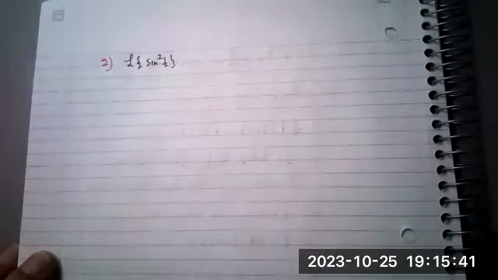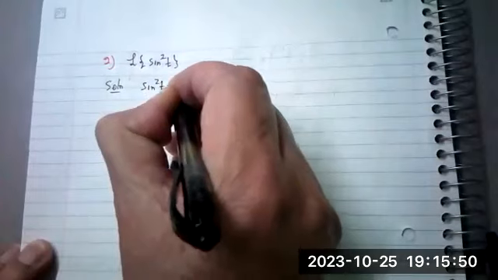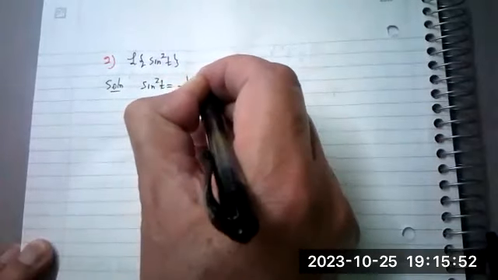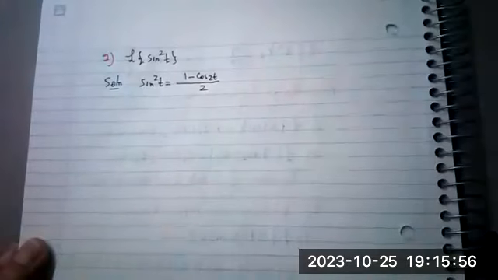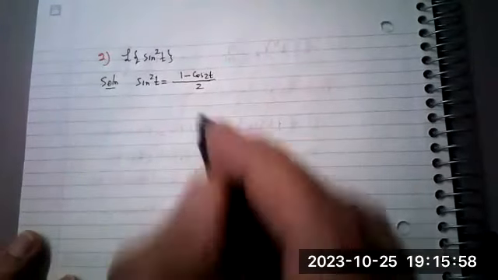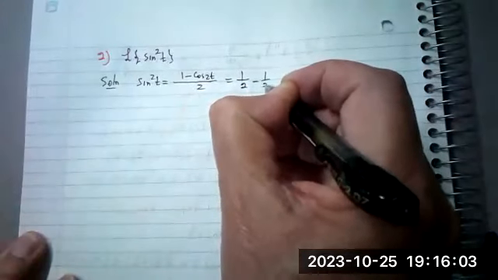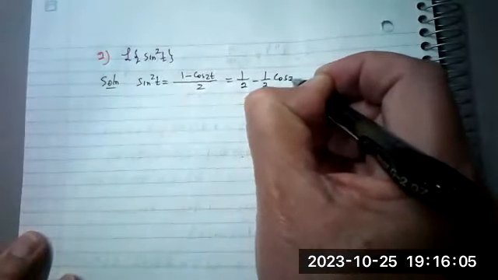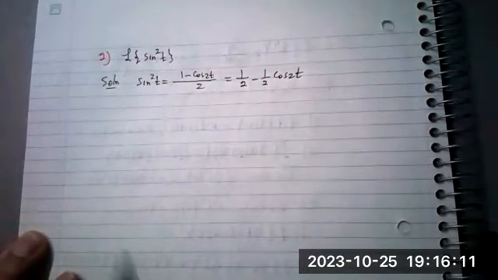Okay, so solution. Remember, the sine square of t is 1 minus cosine of 2t over 2. You can separate it: 1/2 minus 1/2 cosine of 2t. Then we can use the linearity of the Laplace transform to find it.